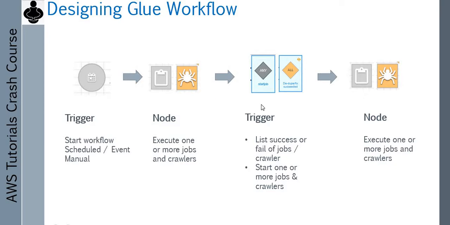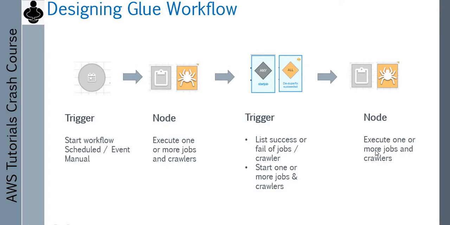That event is primarily telling this node that this crawler or this glue job has finished the execution. In a simple way, you can say the trigger starts based on success or failure of the previous node, and then of course it can start some more jobs or crawlers.